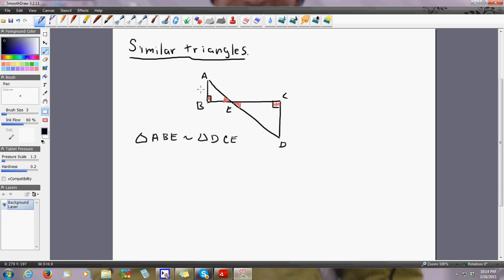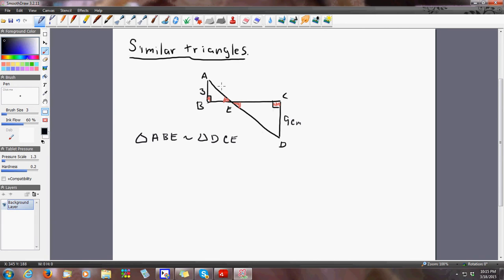So if I said that this was 3 centimeters, and I said that this was 9 centimeters, and that this was 10 centimeters. I might want to find out what's the value of EC.